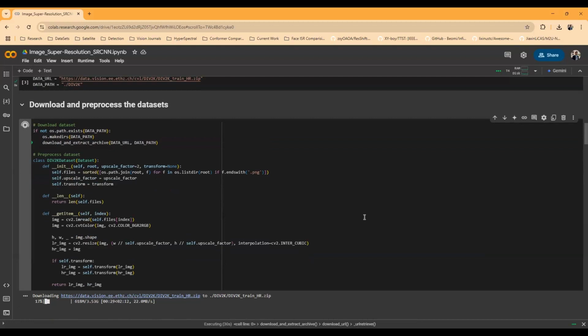Along with that, it also adds unknown degradation. If you want to build your own model that is supposed to take care of various noise or other degradation along with simple downsampling, then you can also choose to have the paired data with unknown degradations.